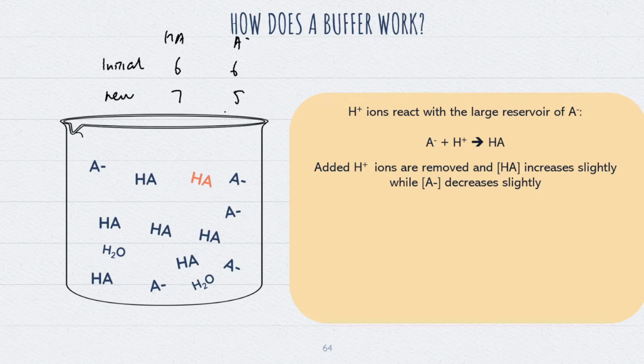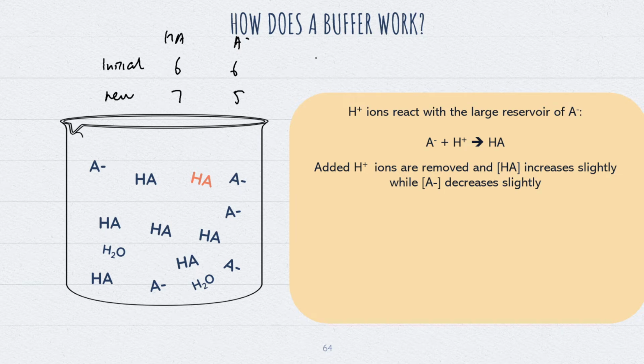So technically, in this scenario, because this diagram is oversimplified, the change of HA and A- concentration might seem to matter quite a lot, because relative to that, the H+ is not that big.